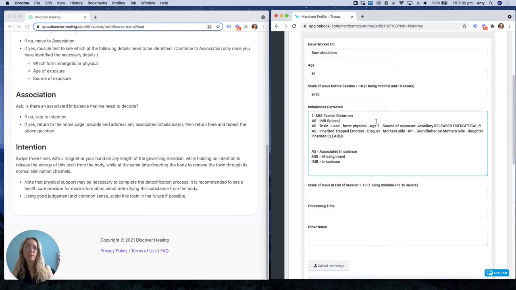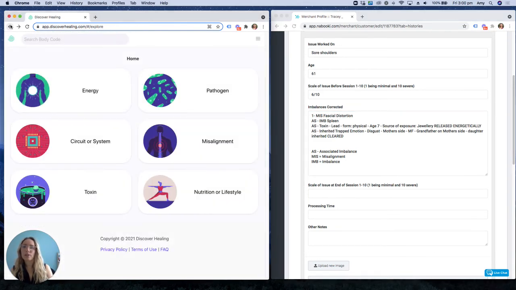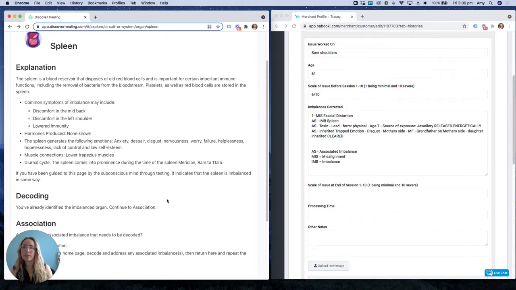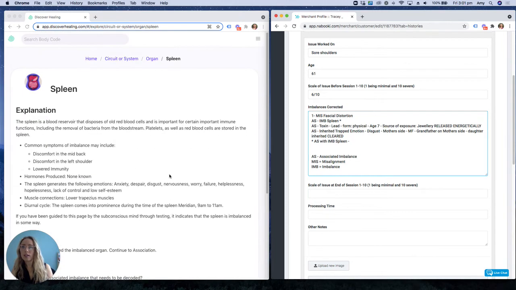So now I'm going to go back to the spleen, the imbalance with the spleen. Okay, so now we have an associated imbalance with the spleen. So there is something that is connecting with this spleen that we need to clear.